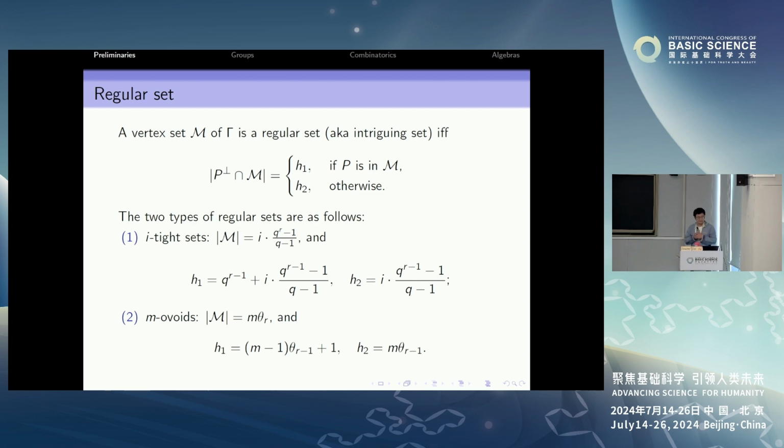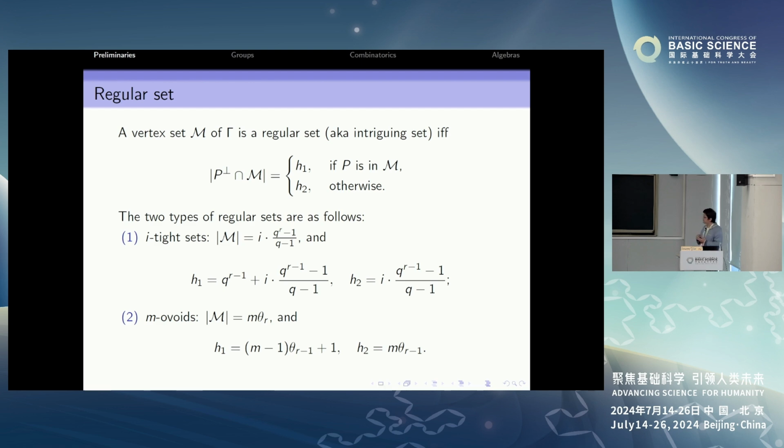A vertex set M of this collinearity graph gamma is a regular set, also known as an intriguing set, if and only if the hyperplanes intersect the set M in 2 sizes, according to whether P is in the set or not. There are 2 types, which are the i-tight set and the m-ovoid.